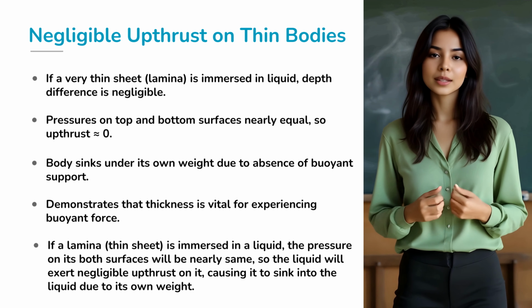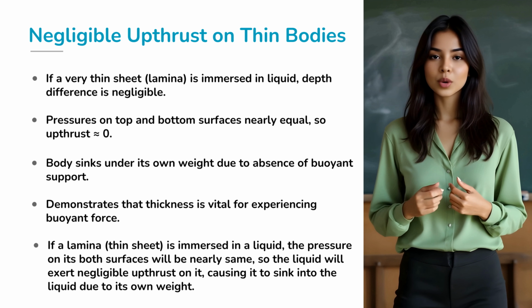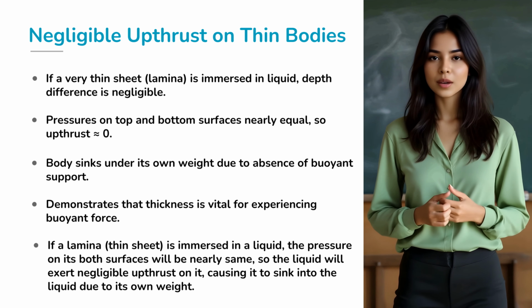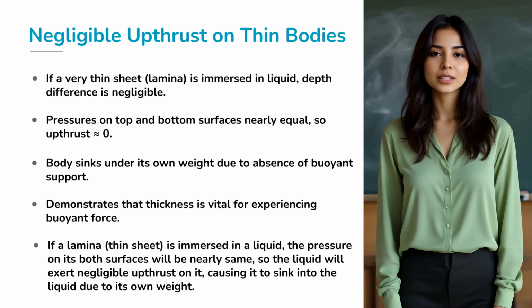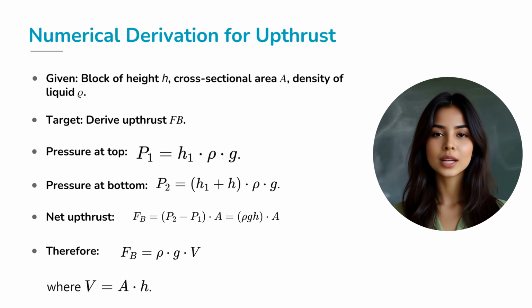What happens then? The sheet sinks under its own weight, as if no buoyancy existed. This tells us that thickness, or the vertical height of a body inside the liquid, is essential for buoyant force to act significantly.